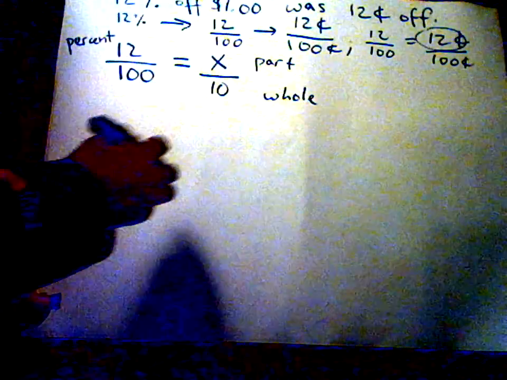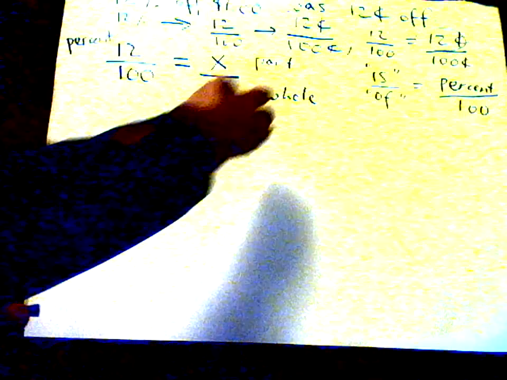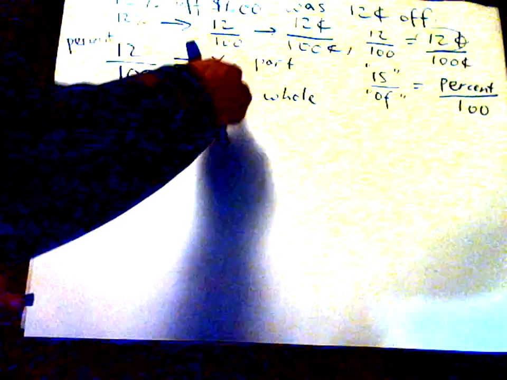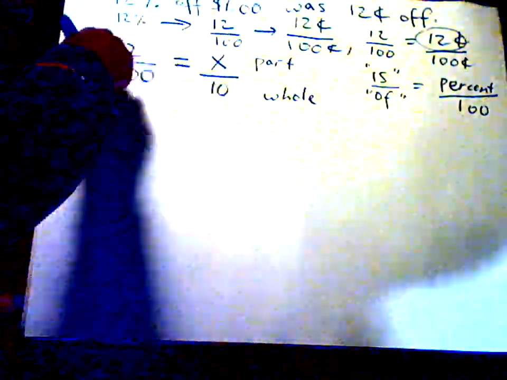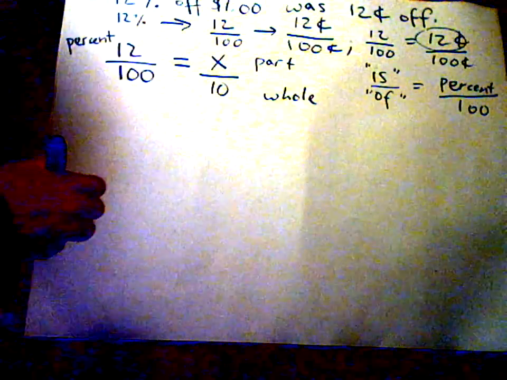Or you can also read it as is over of equals percent over 100. So we have the is over the of is equal to the percent over the 100.